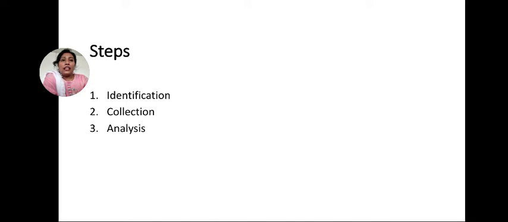Then we collect the information, data or samples in order to provide evidence to solve it. We have to collect evidence and samples. Then we analyze the data which are collected, and use that information in a meaningful way to get results. So the first step is identification, the next is collection, and the third is analysis.